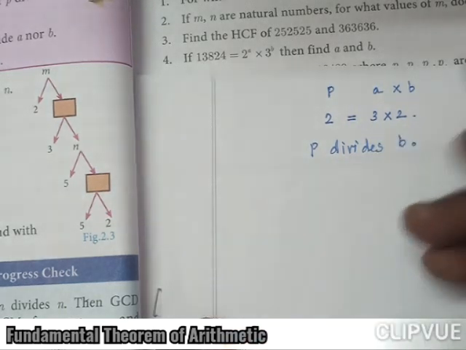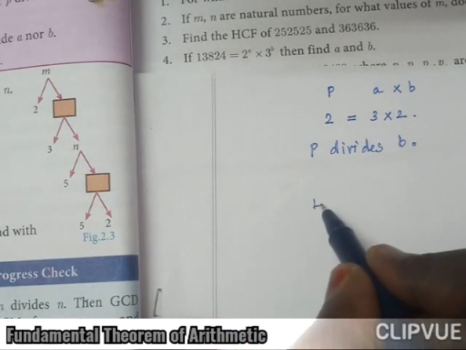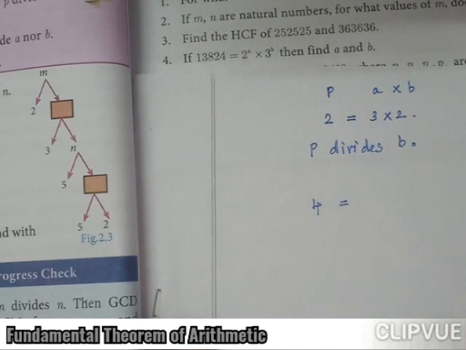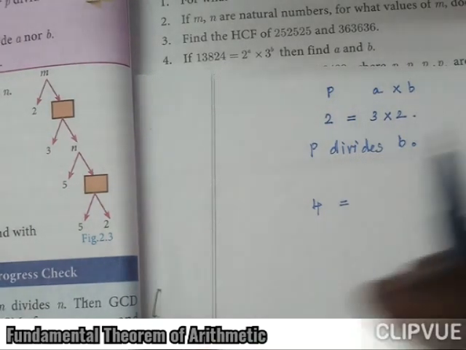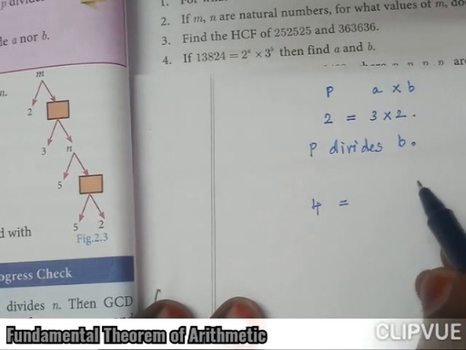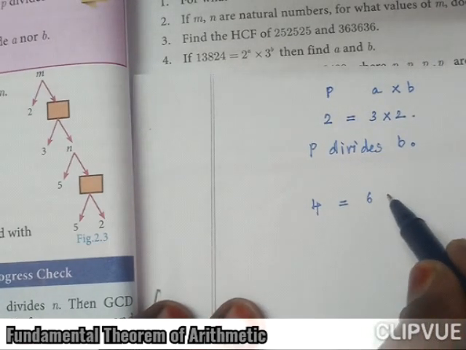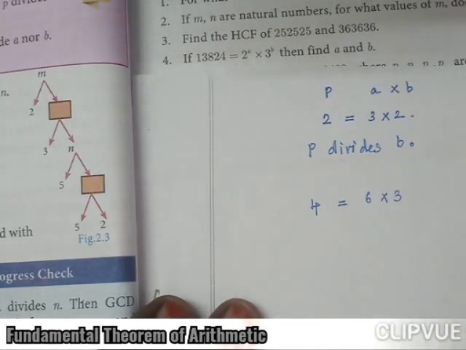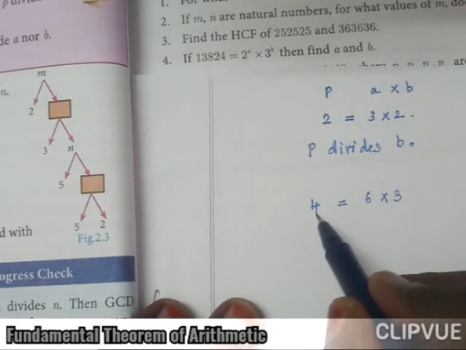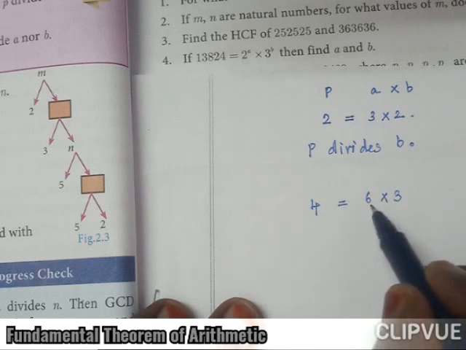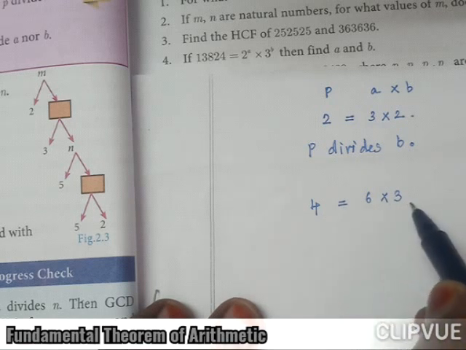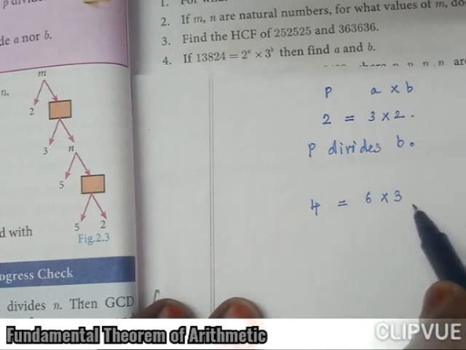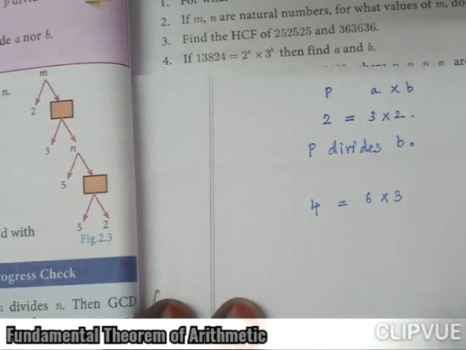Here p divides b. For the second one, a composite number, you can take 4, which divides ab in the sense of 6 into 3. This 4 neither divides 6 nor divides 3. This is given.